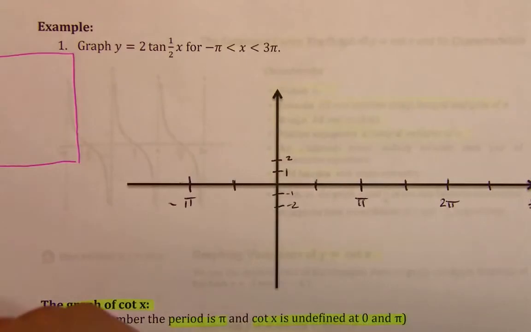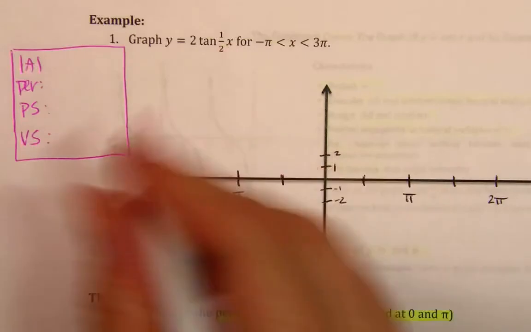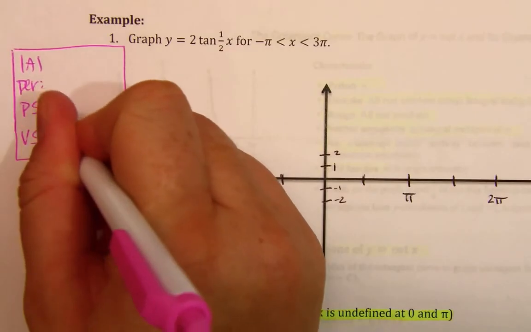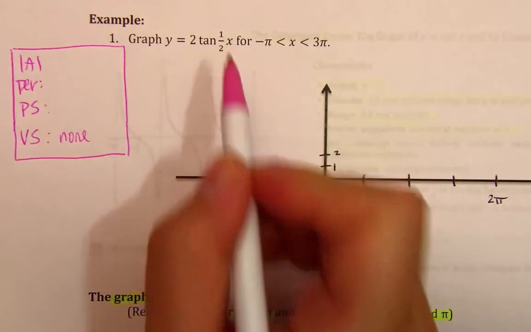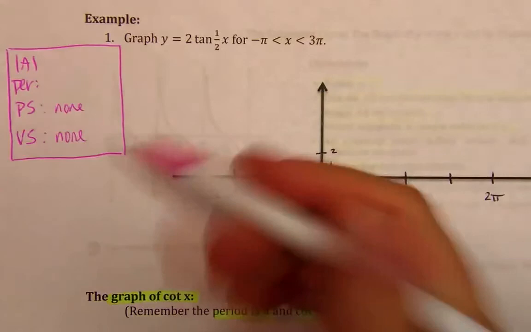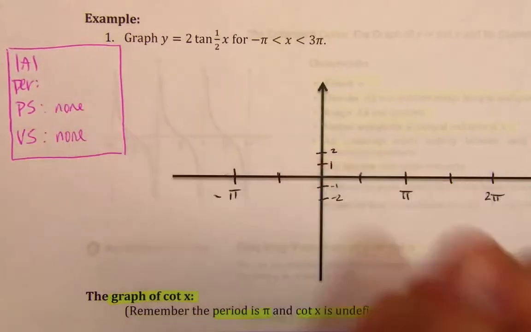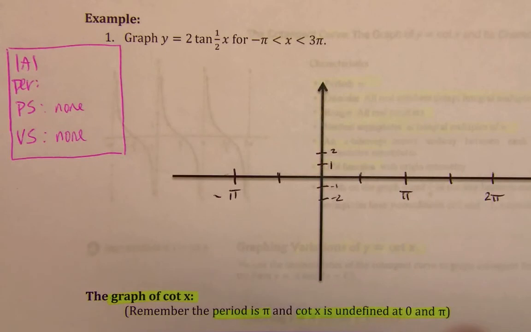And we're just going to get in the habit now of writing all 4 of these things. Well, there's nothing added on the end or anything, so there's no vertical shift. And there's nothing added or subtracted on the x there, so there's no phase shift. And I want you to tell me these. I need to know that you are aware that there are no phase shifts or vertical shifts for these graphs.